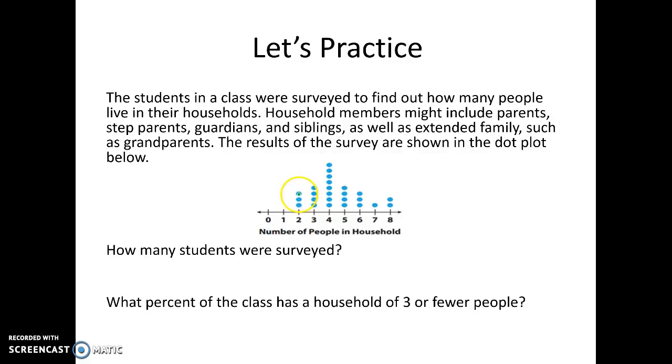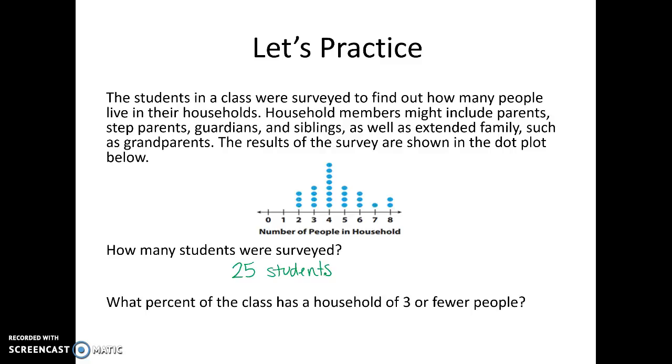So we're going to count our dots: 1, 2, 3, 4, 5, 6, 7, 8, 9, 10, 11, 12, 13, 14, 15, 16, 17, 18, 19, 20, 21, 22, 23, 24, 25. So there were 25 students that were surveyed.